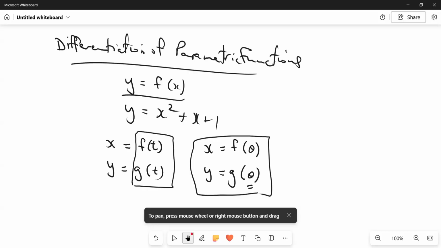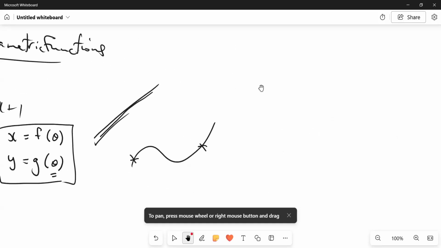And these functions can very well be representing a straight line, as well as a curve, and then calculus comes into play. What's the gradient there? So we have to know how to differentiate these parametric functions. So let's talk about how we can differentiate them.